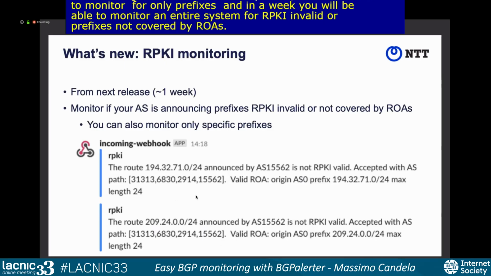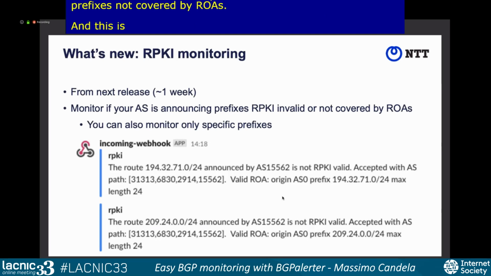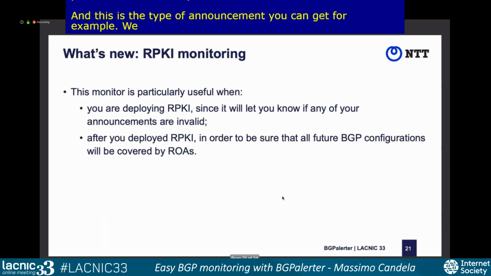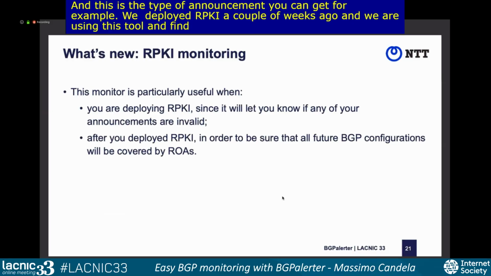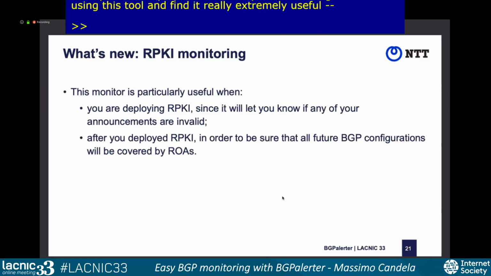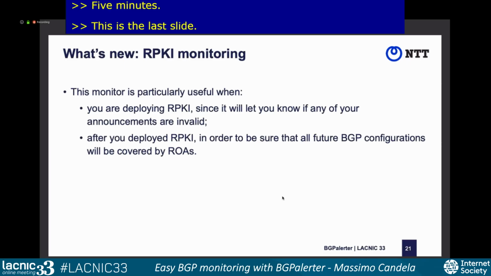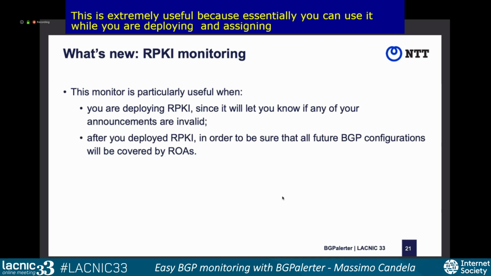And this is the type of announcement you can get on Slack, for example. We deployed RPKI a couple of weeks ago, and we are using this tool, and we find it really extremely useful. Oh, this is basically the last slide. It is extremely useful because essentially you can use it while you are deploying and assigning your ROAs, because it will let you know if what you sign is correct.